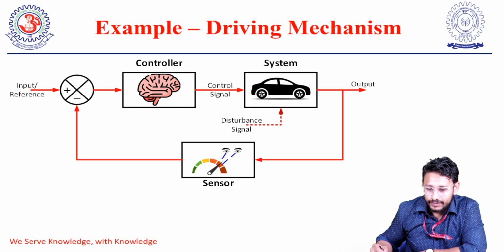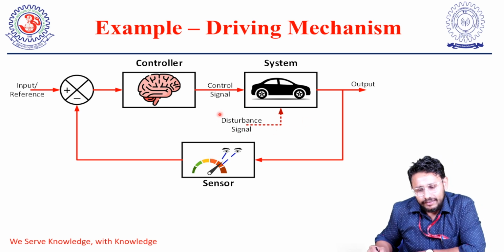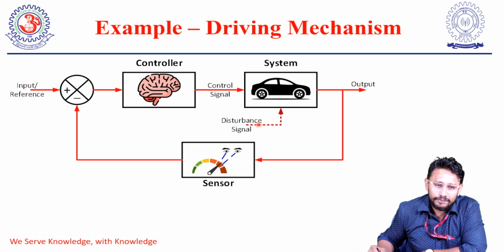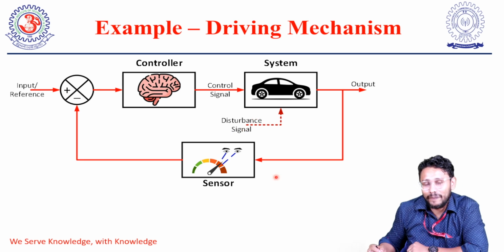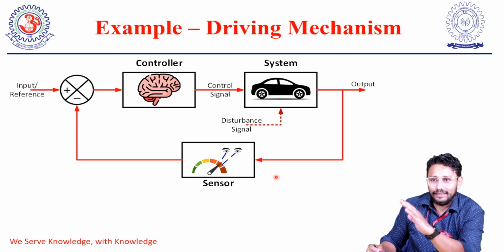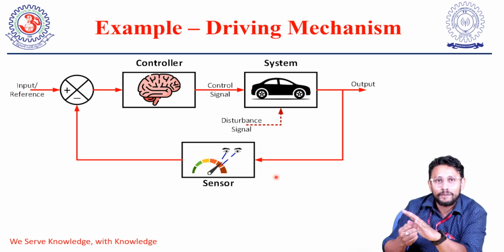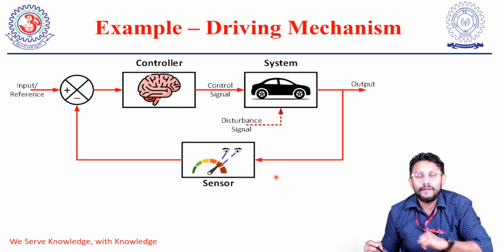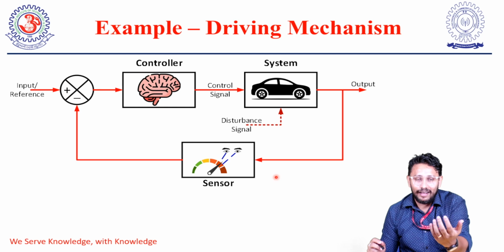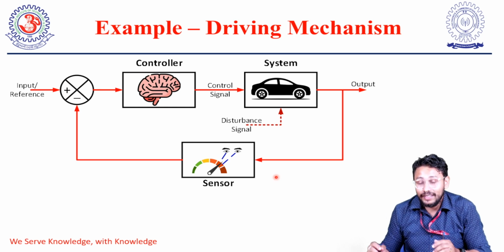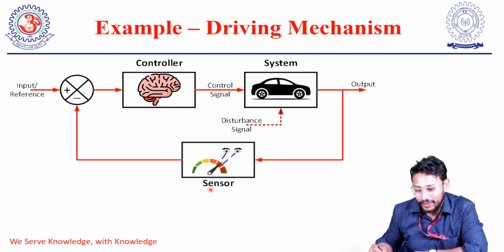Let's have a look at this. The disturbance signal: what do you think would be a disturbance in a car-based mechanism? The bumps on the road, the speed breakers, a ramp, wherein you are expecting a speed of 60, but the slope of the ramp lets the car fall in speed. Then you observe it again in the speedometer.